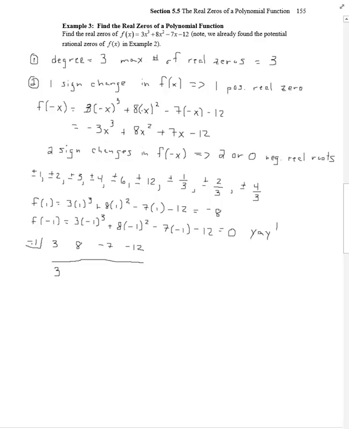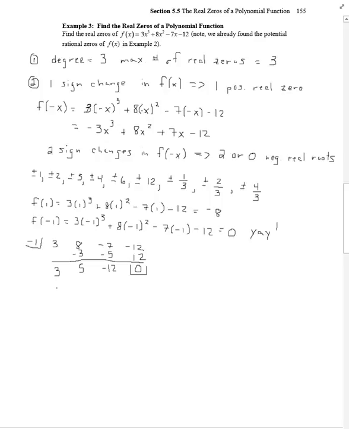Then we multiply by what's in the box and write it underneath the next term. So negative 3. Then we add. So 8 plus a negative 3 is 5. Multiply, negative 5. Add gives us negative 12. Multiply gives us positive 12. And add gives us 0. Which is good, right? We should have had a remainder of 0 because it was a root.